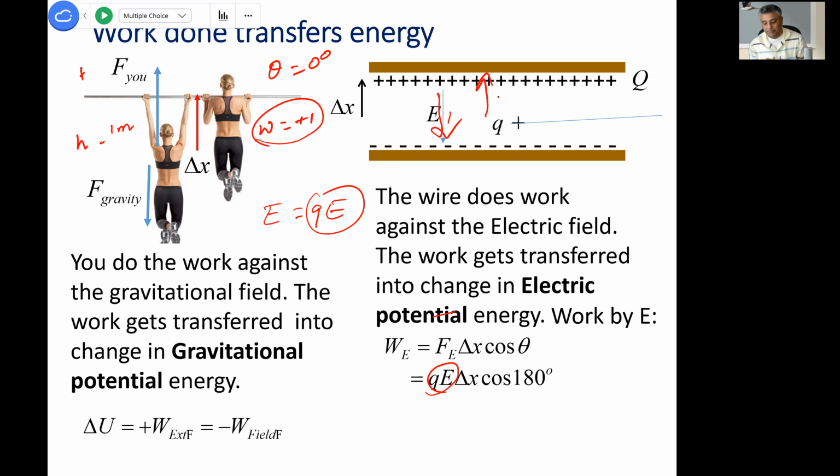Then it becomes cosine 180 degrees, because the angle between the displacement up and the force down is 180 degrees. So cosine 180 is negative. Here we took account of the sign of the charge by looking at the force on it.